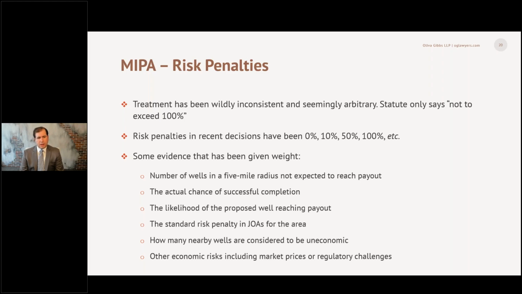The likelihood of the proposed well reaching payout, the standard risk penalty in JOAs in the area, how many nearby wells are considered to be uneconomic, and then many other economic risks, including market prices and regulatory challenges to drilling the well. All of this is going to be used as evidence for the risk penalty that you ended up deciding on charging those unleased non-participating parties.